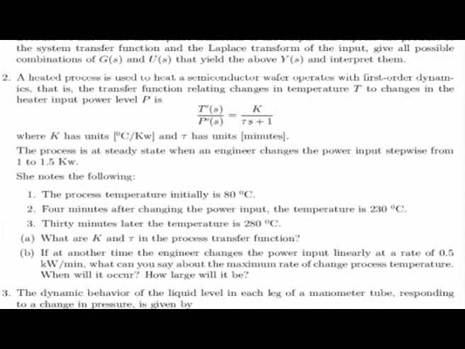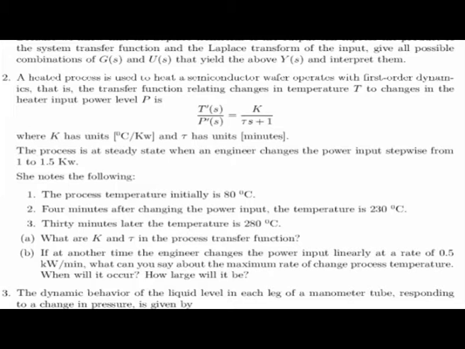Here you have already been given that the process is a first order system, and there is a relationship between the change in temperature and the change in heater input. The heater input is given in kilowatts. So the transfer function is given by k over tau s plus 1.